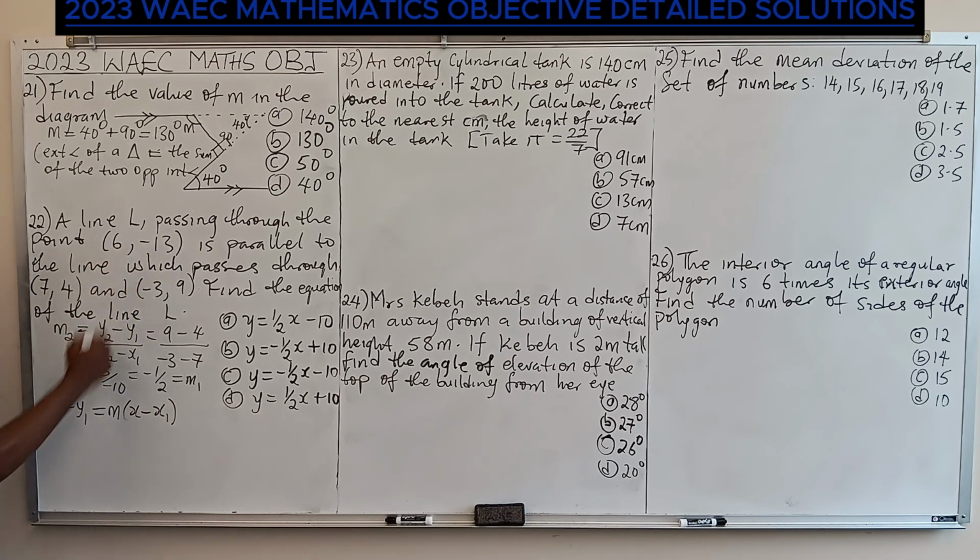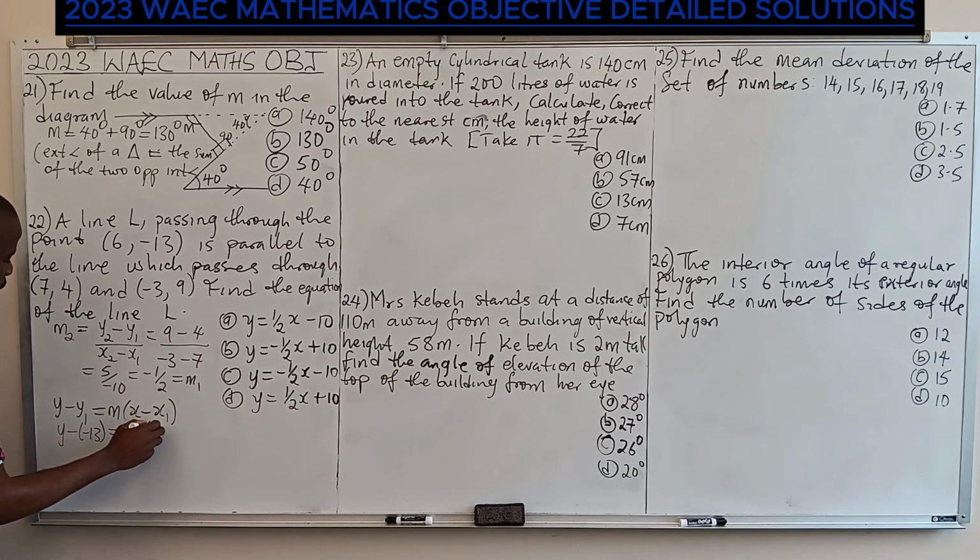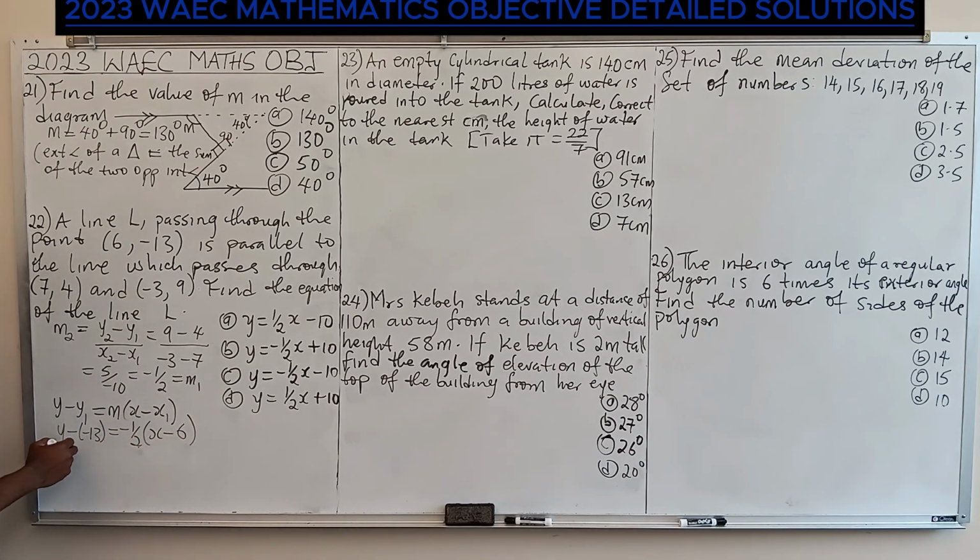The y coordinate is minus 13. So we have y minus minus 13 equals minus 1 over 2, which is this m, times x minus 6. So open the bracket, we have y plus 13 equals minus 1 over 2x, and minus minus is plus, so this is 3.